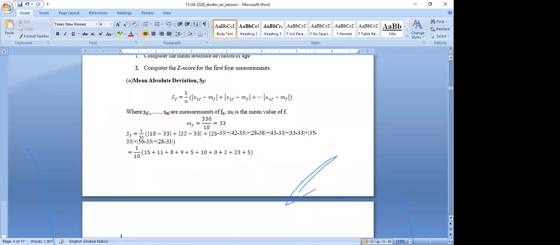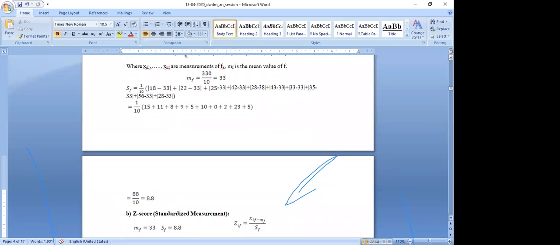The first variable we are considering is 18, so 18 minus the mean, plus the absolute value of 22 minus the mean, plus the absolute value of 25 minus the mean, up to the last variable. Now we have to do the subtraction. After that we apply the formula, and we are going to get the answer.